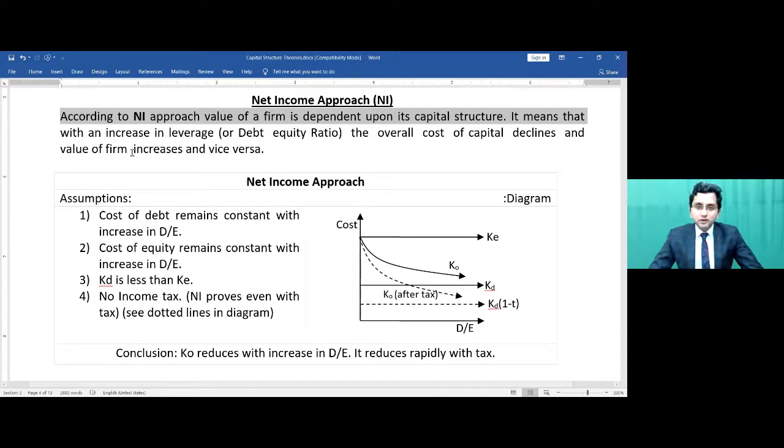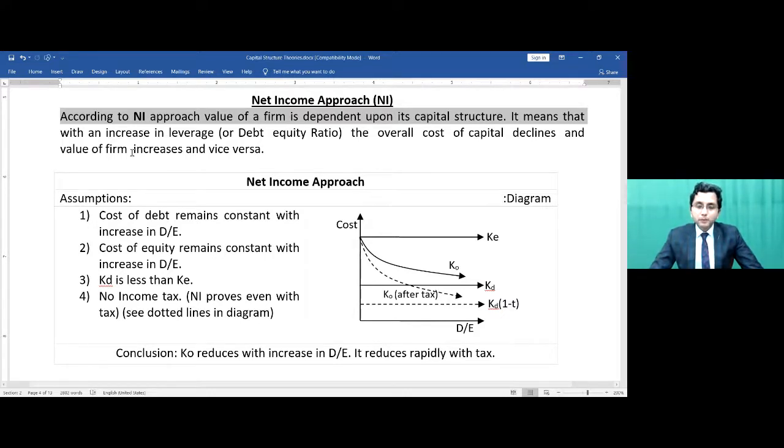So if overall cost of capital or expectation changes, then value will also change. According to the NI approach, the value of a firm is dependent upon its capital structure. The NI approach says that if you change the proportion of debt and equity, then usually debt is cheaper, equity is expensive.